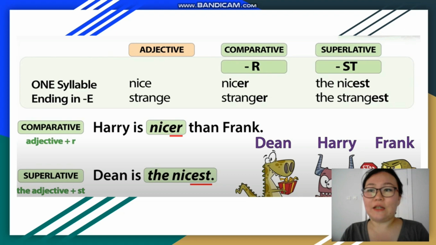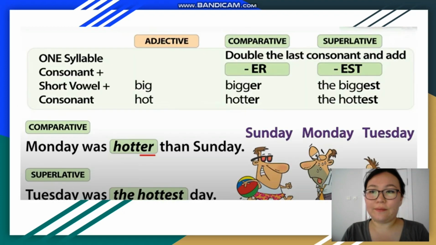When an adjective has one syllable and ends in a consonant plus a short vowel plus a consonant, such as big and hot, we double the last consonant and add er for the comparative and est for the superlative. Big ends in the consonant g, with a short vowel i before it.